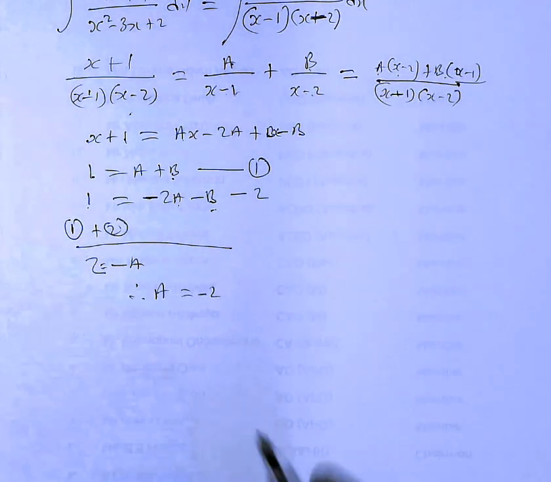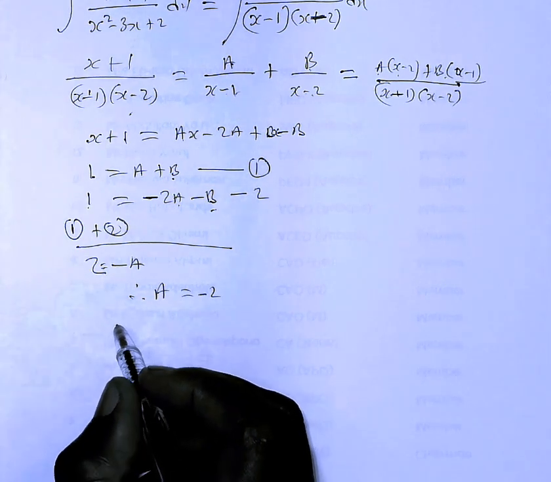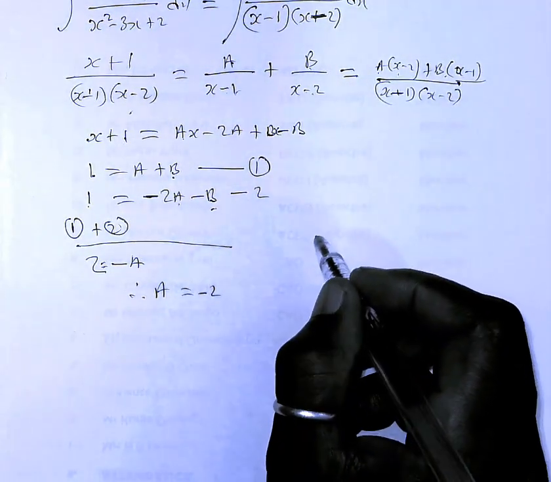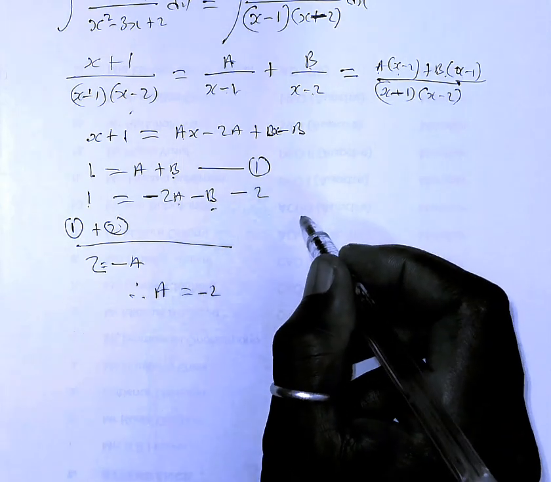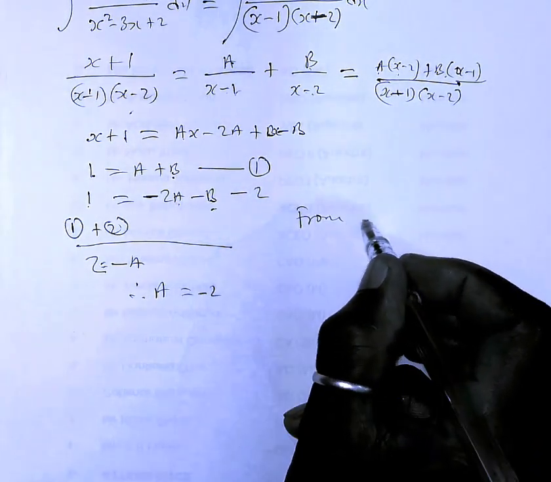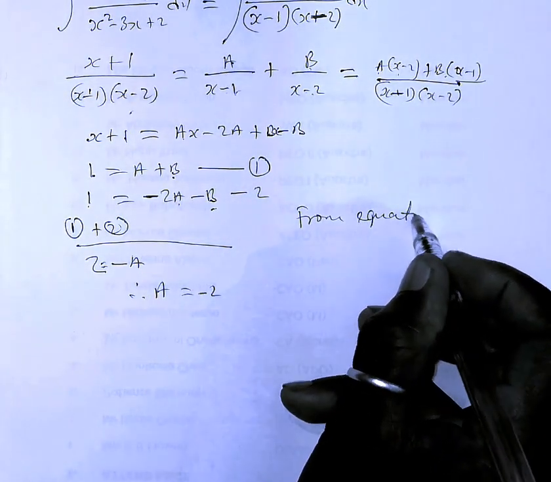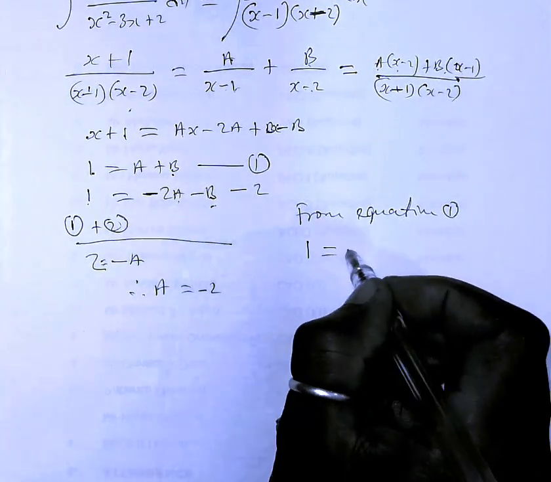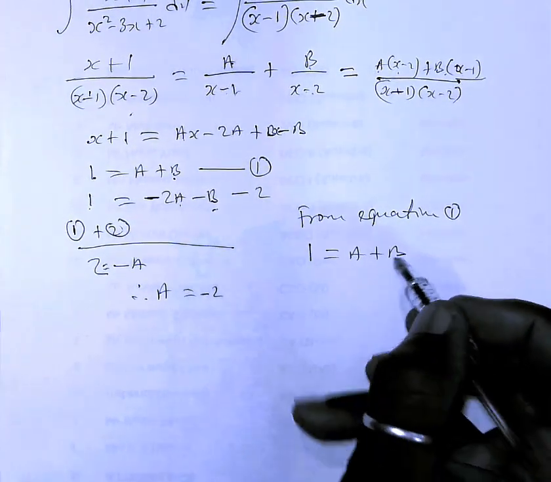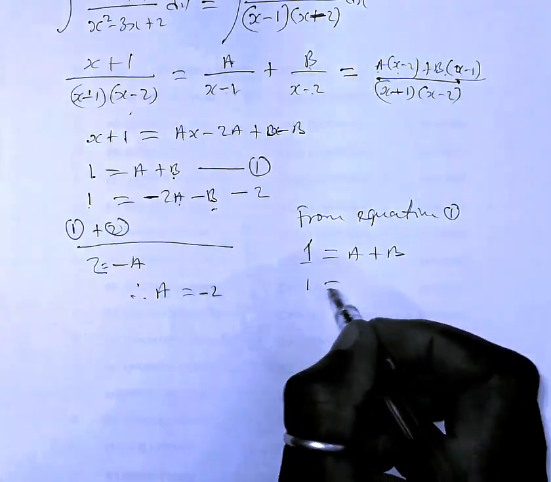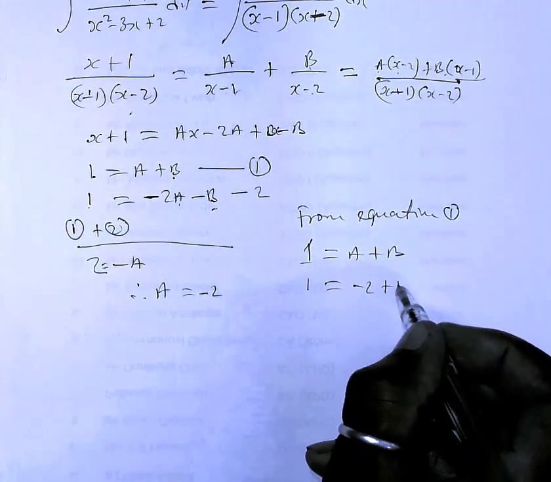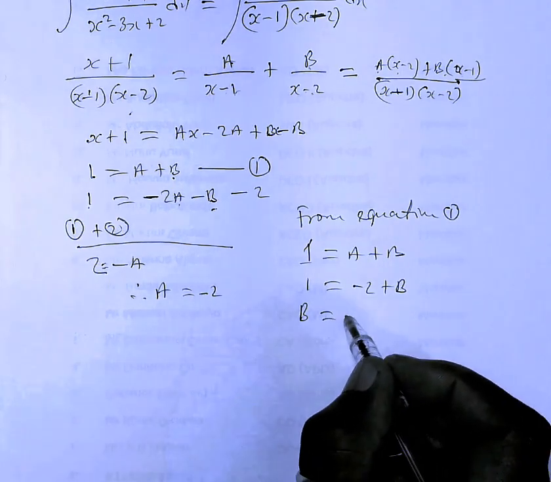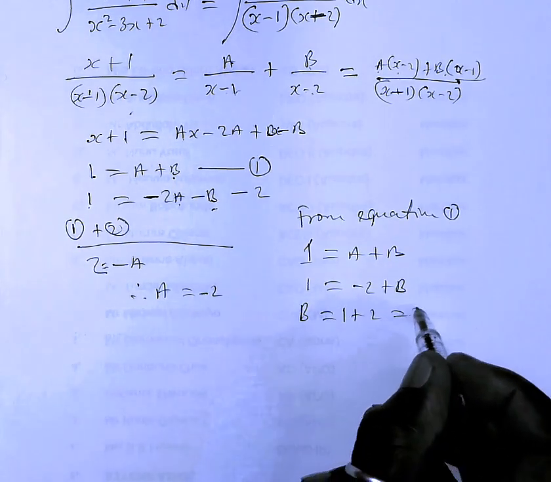If A is equal to minus 2, we can use equation 1 to find B. From equation 1, 1 equals A plus B, so 1 equals minus 2 plus B. Bringing this to the other side, B is 1 plus 2, which equals 3.